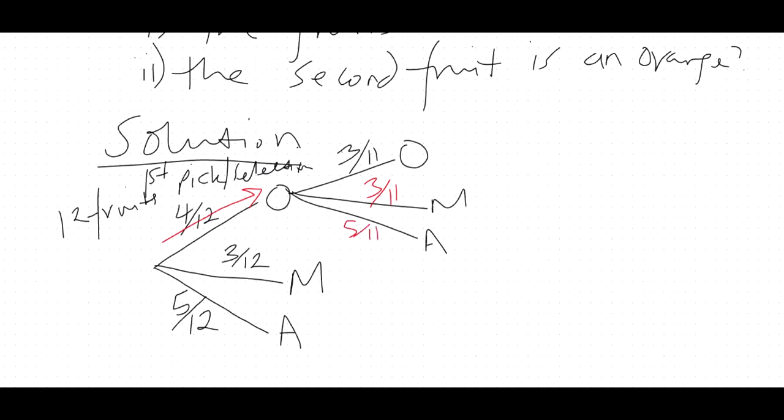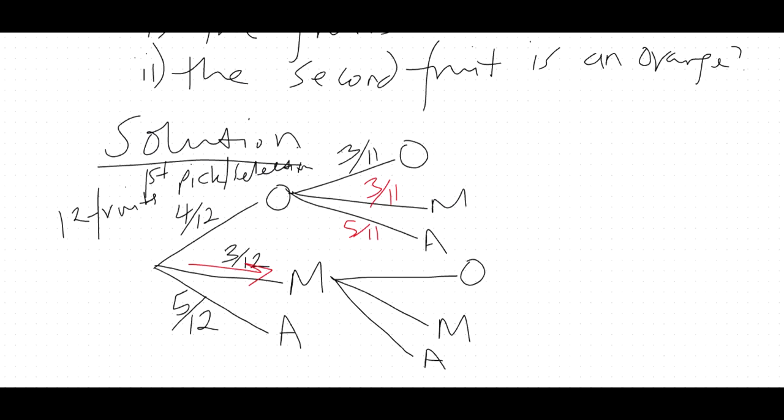But now if the first fruit is a mango here, now the probability that you're going to get either an orange, or another mango, or an apple here, that is what we want to establish.